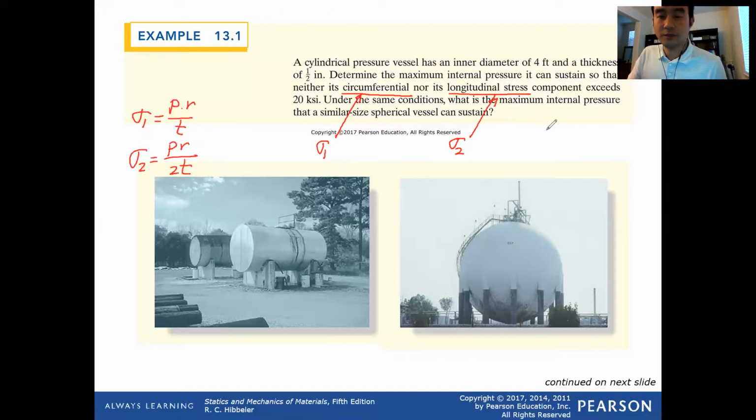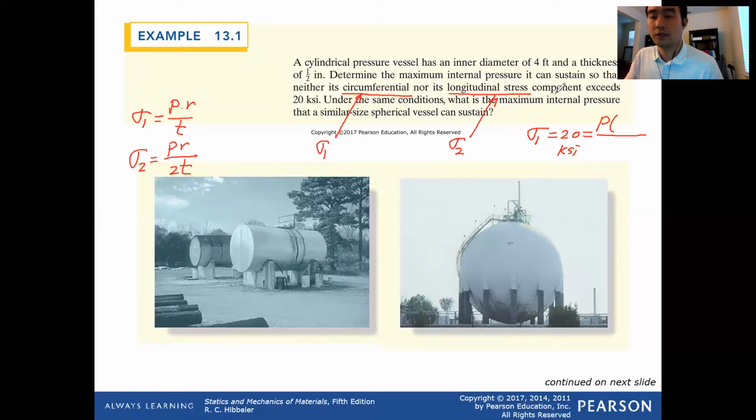So sigma 1, which is 20 ksi, is equal to the unknown pressure P, and we have the radius in terms of inches, because we are using the ksi unit here. The inner diameter was 4 feet, so the inner radius is going to be 2 feet.